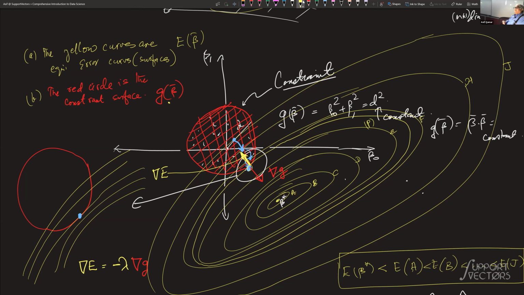Because if you put a minus sign, then you can be sure that lambda is positive. Right? You can give positive values to lambda. So would you agree that this equation captures our discovery? Because here, this is gradient of G, and this is gradient of E, isn't it? So this equation holds true. Would we say that, guys?